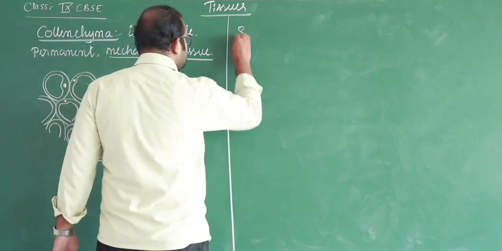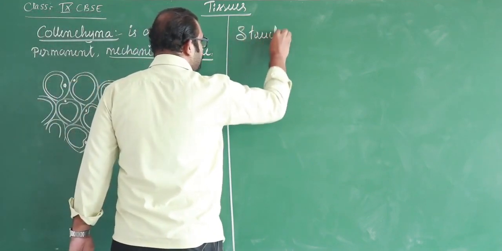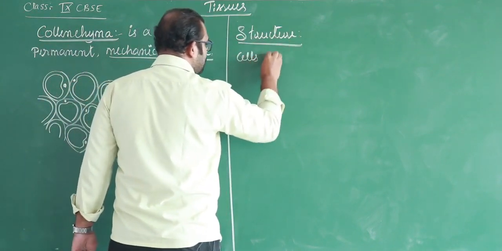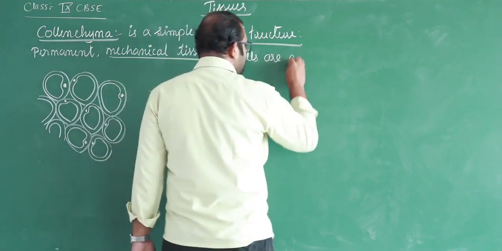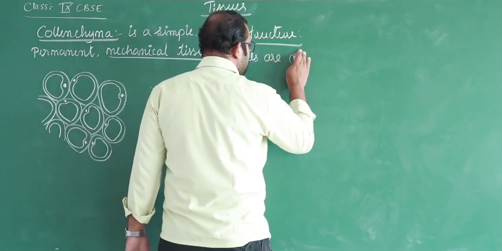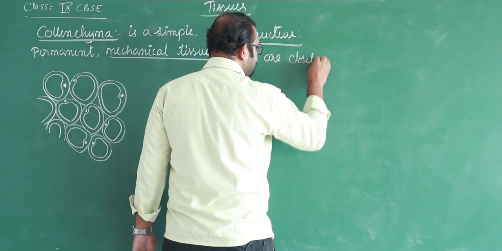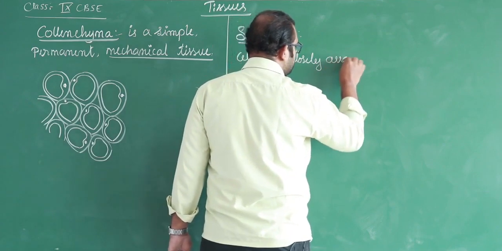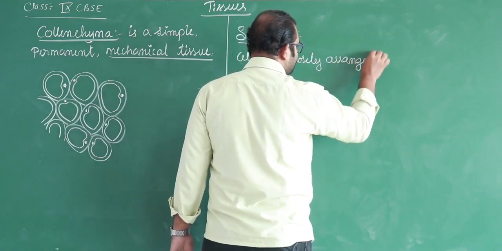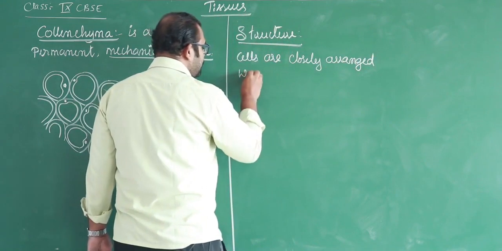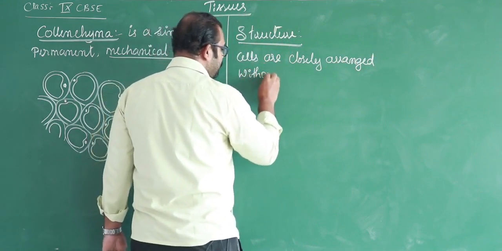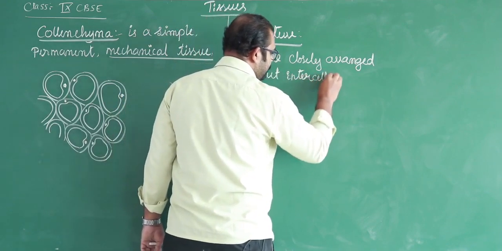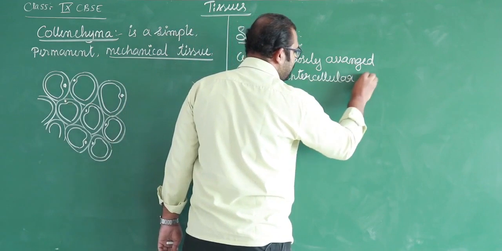So the structure of collenchyma: cells are closely arranged without intercellular spaces.